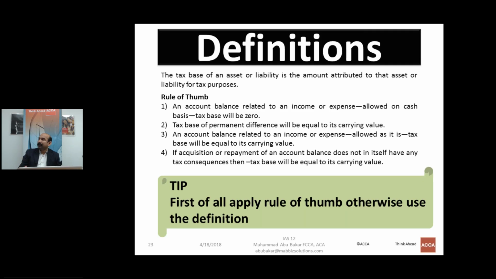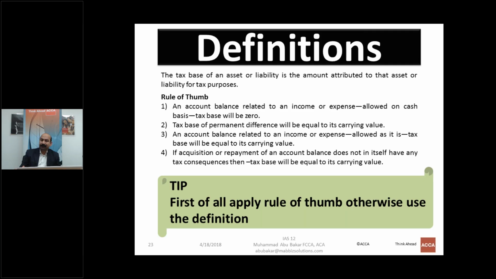As per rule number 2, its tax base will be equal to its carrying value, as per the accountant. As per the accountant, this is 5,000 dividend receivable, but its tax base will also be 5,000 to make sure no difference arises.